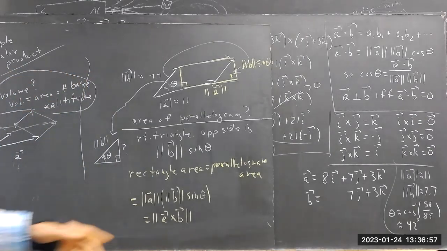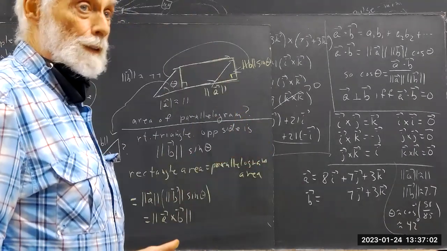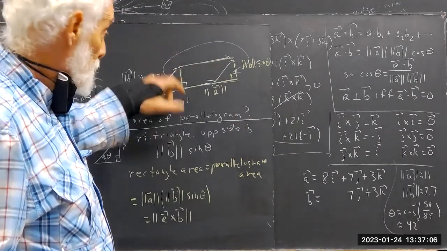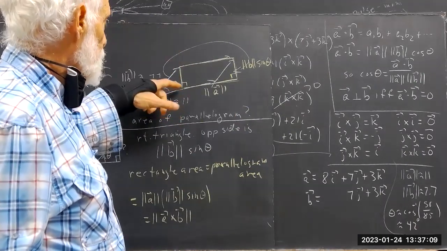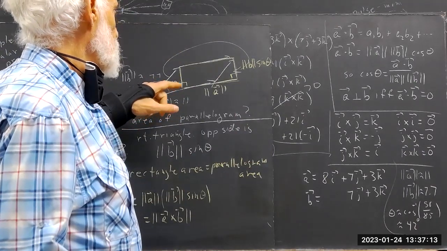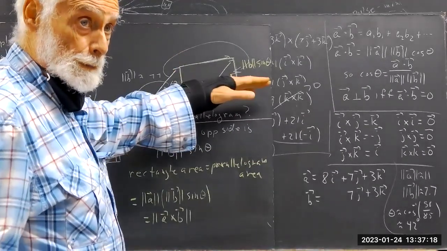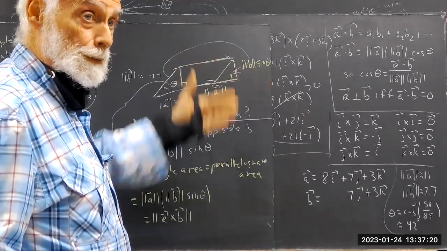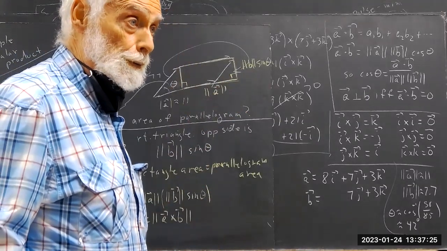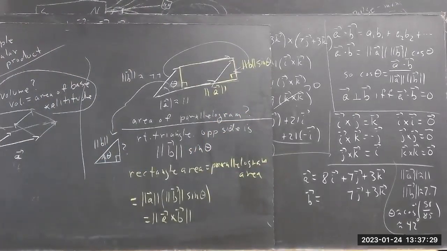Just like over here, the area was the length of the base times the length of the altitude, right? And of course, altitude is defined for a two-dimensional figure as something that runs from one side of the parallelogram to the other, perpendicular to one of the sides. That side becomes the base, and the perpendicular then becomes the altitude. Perpendicular distance is the altitude. Okay, well, it's the same thing here.